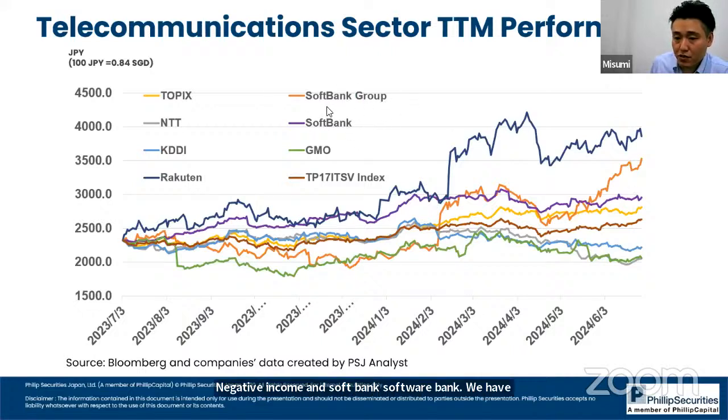And SoftBank, we have two SoftBank names. SoftBank Group is the holding company holding the investments in Arm and other venture capital. And SoftBank is the ordinary mobile communications business, which was a subsidiary of SoftBank Group but is now listed independently.